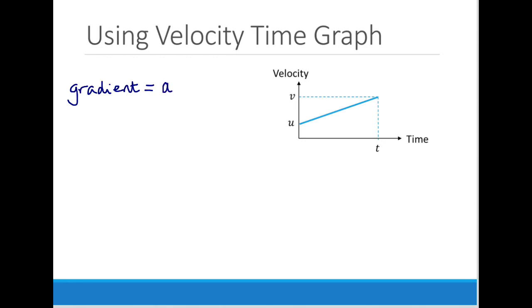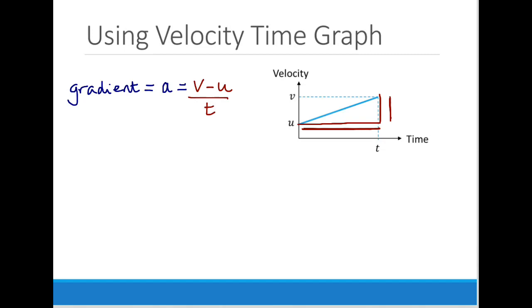And if you remember back to GCSE, when we first looked at gradients, we used to draw on a triangle, and we used to look at the change in y, which would be this section here, over our change in x, which is this section here. So the change in y would be v take u, and that would be over the change in x, which in our case is t.